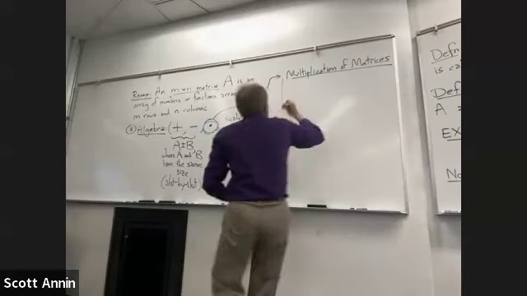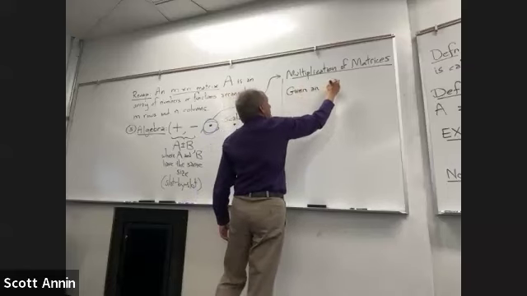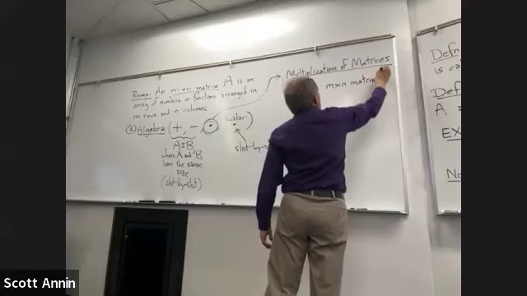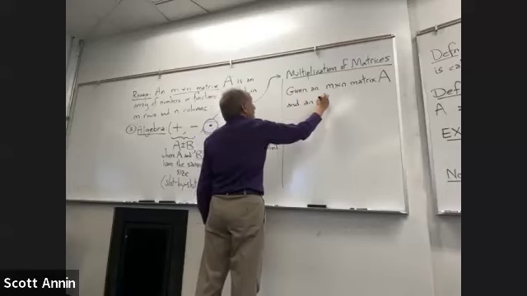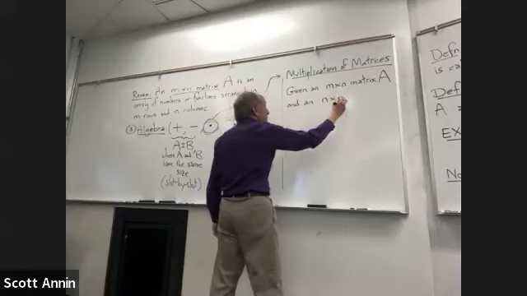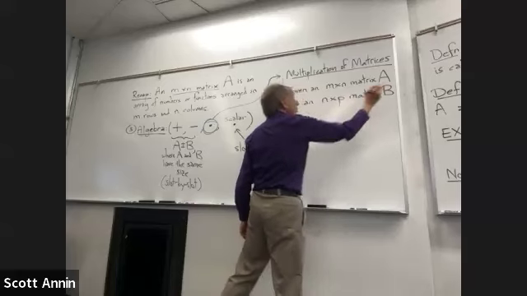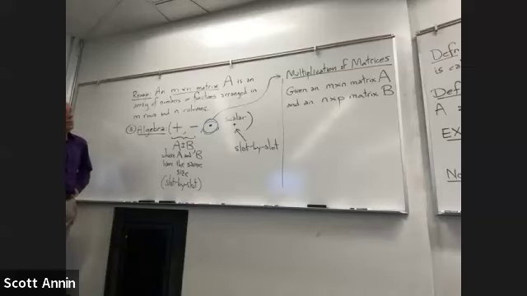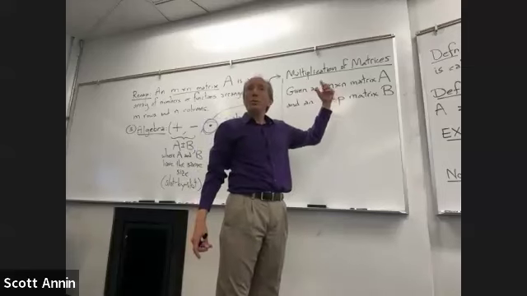Okay, so let's set this up. Given an M by N matrix, capital A, and an N by P matrix, capital B. Okay, so I would like to multiply A times B. Notice what I'm handing you.